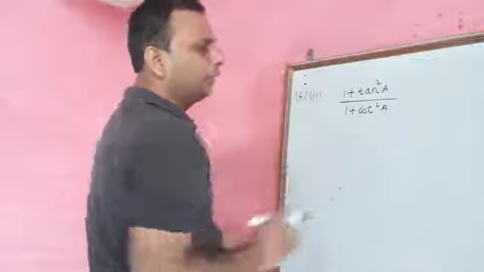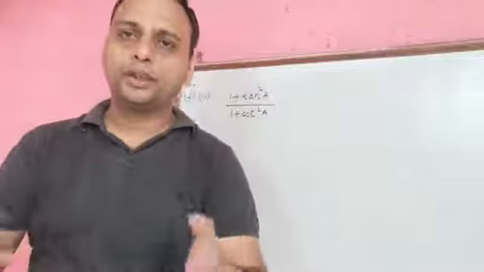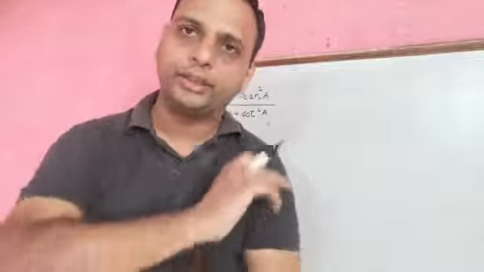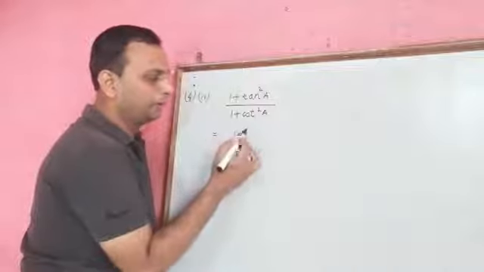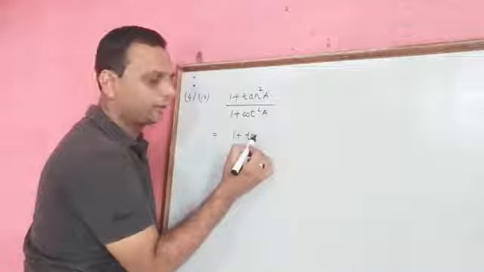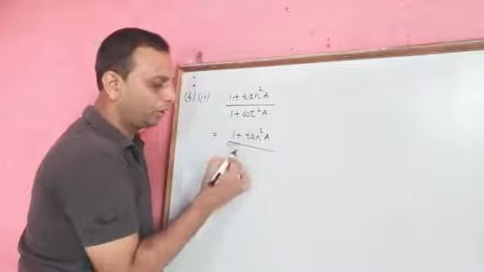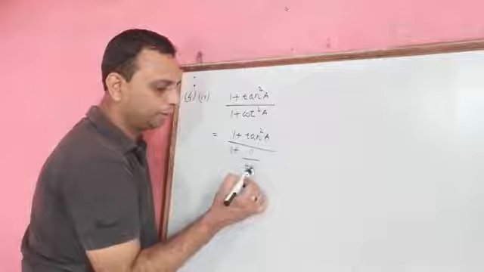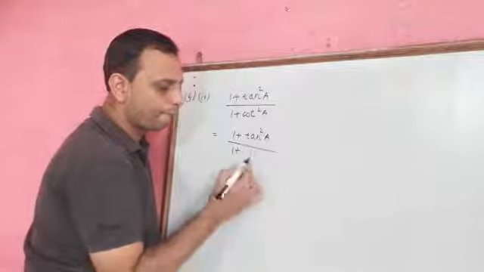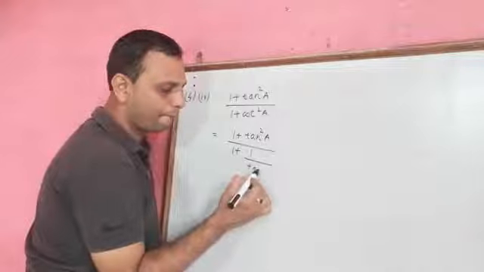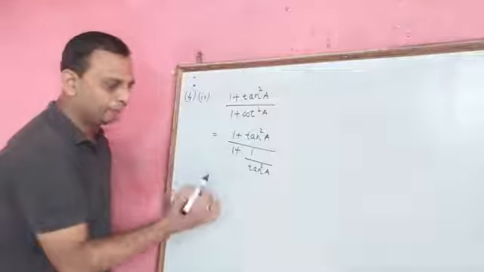So this question you can convert in the form of sin cos A, then also you will get the answer. If you write in the form of tan, then also you will get the answer. So you try this one. 1 plus tan square. Here in place of cot, 1 upon tan square, because cot is 1 upon tan.